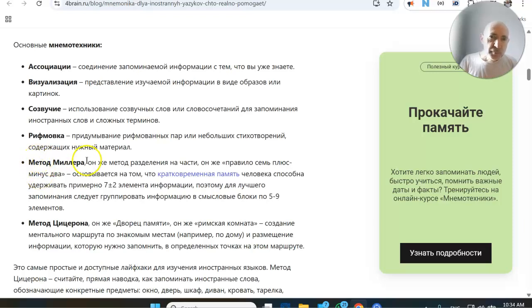Рифмовка, придумывание рифмованных пар или небольших стихотворений, содержащих нужный материал. So rhyming, making up of rhyming couples, or pairs actually, rhyming pairs of words, or little poems that include the needed material.